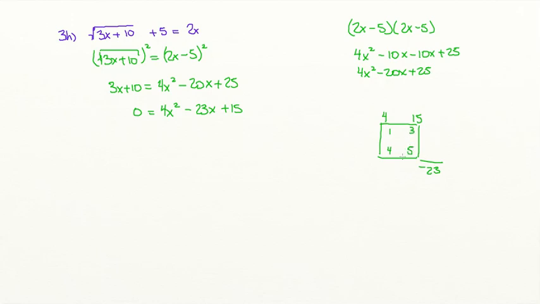Let's try these factors. That would be 3 and 20. That's really close. If we make negative 1, negative 4 perhaps, that would work. So minus 3x.